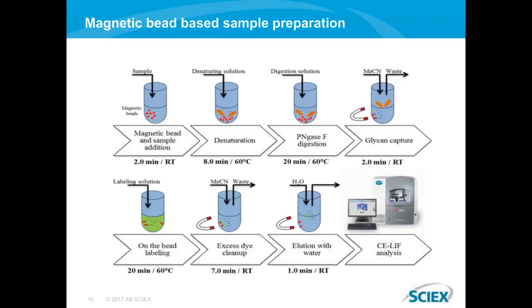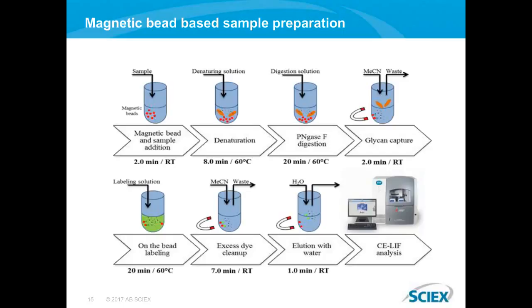After denaturing, we add the PNGase F, and the PNGase F mediated removal of the glycans from the backbone of these proteins is done in the presence of the magnetic beads, which means that right after this step, if we add the appropriate amount of acetonitrile, an organic agent, all the sugars will be bound to the magnetic beads, which lets us pull down all of those glycan structures on the surface of those beads and get rid of the supernatant without doing any centrifugation or vacuum centrifugation steps.